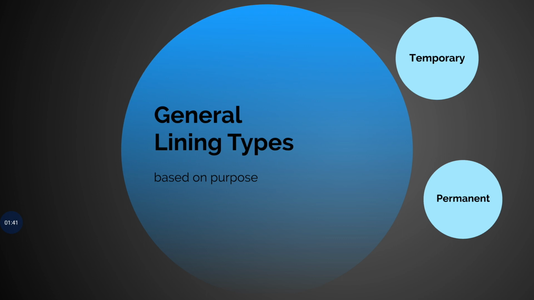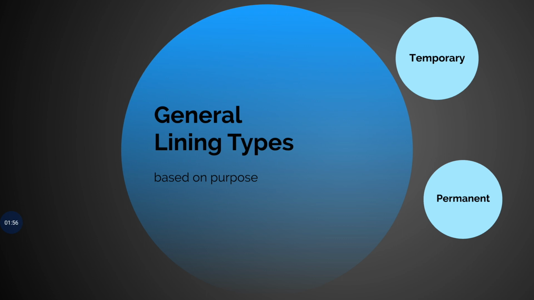And also the sides and roof of the tunnel can be strengthened with the lining so that the tunnel can withstand pressure and prevent the tunnel from collapsing.